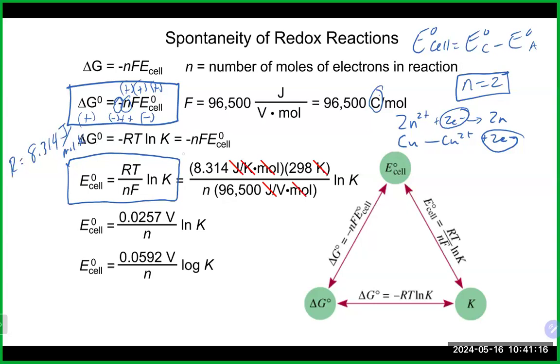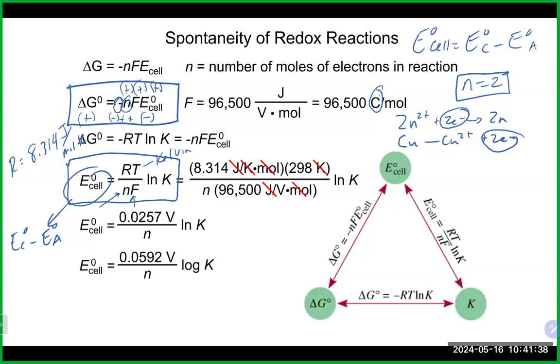T is our temperature in Kelvin. N is our number of moles of electrons, F is Faraday's constant, and K is our equilibrium constant. And this is still our cathode minus our anode, or E of the cell.